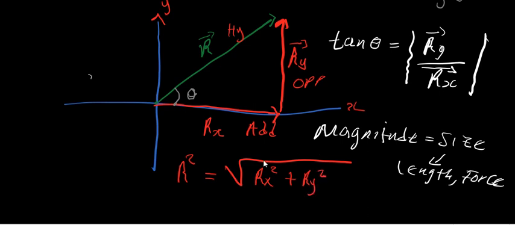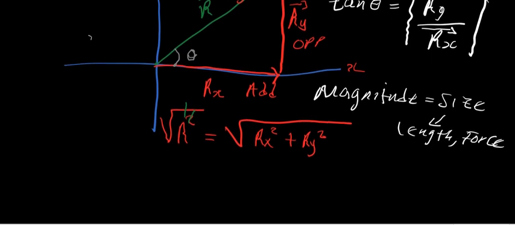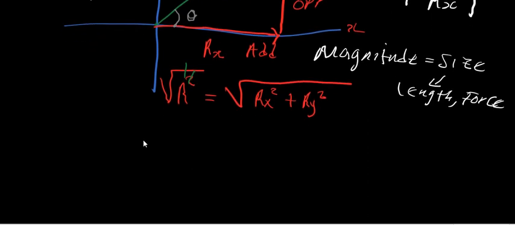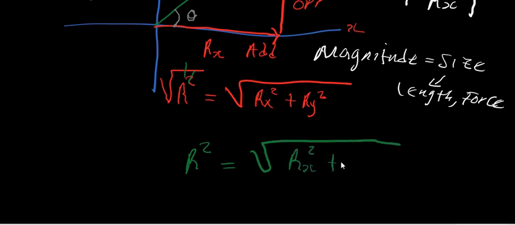This square root is introduced so as to get rid of the squared. So to find the magnitude, which can be the length, the height, or anything, we simply say r is equal to the square root of Rx squared plus Ry squared.